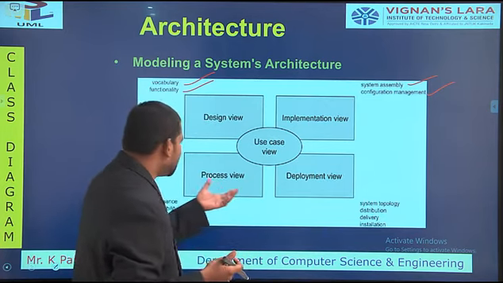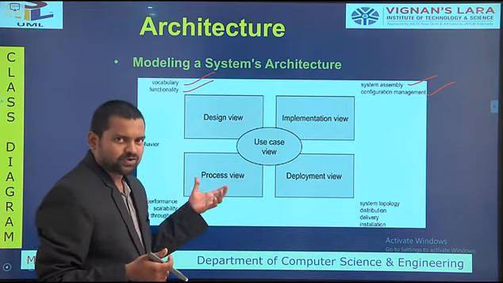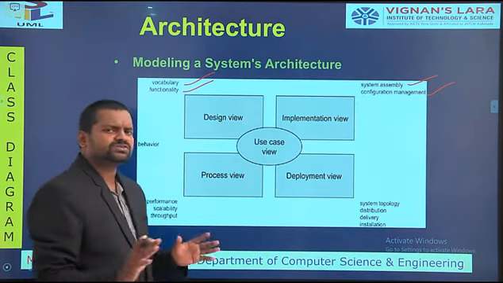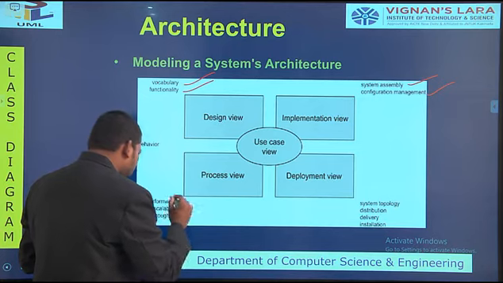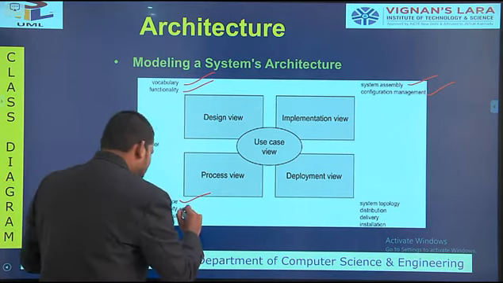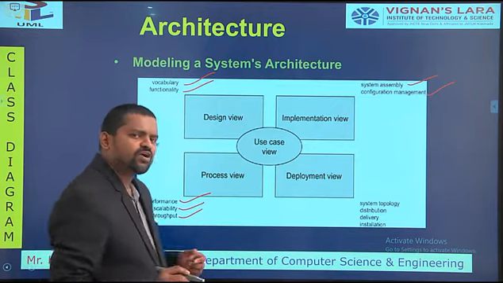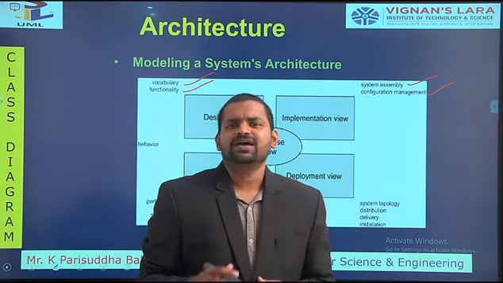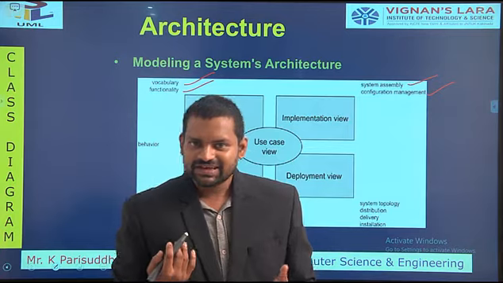The process view we forgot. What is the process view? In the process view we maintain the performance of the system, scalability and throughput: how much input you give to the system and how it performs to get the result.